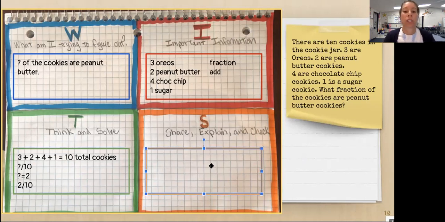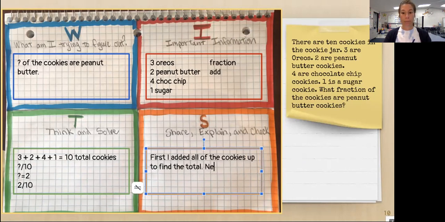Okay. So to share my strategy, I would start out by saying, first, I added all of the cookies in. I added all the cookies up to find the total.